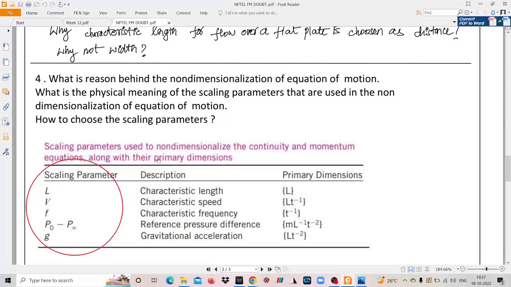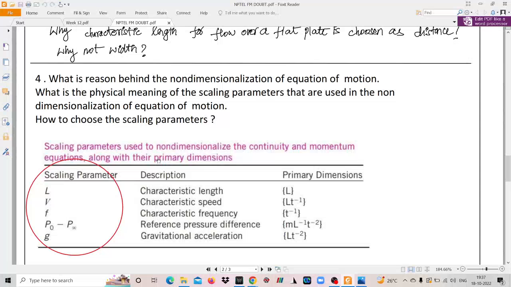For example, suppose I am interested in understanding the flow only along the direction of the flow, that is, length. Then length becomes my characteristic length, right? If I want to non-dimensionalize width and height, I have to use this length only.